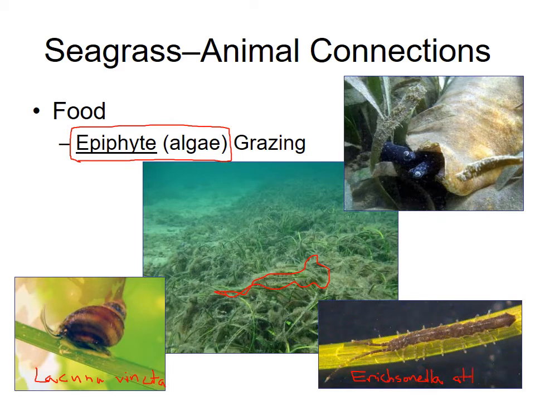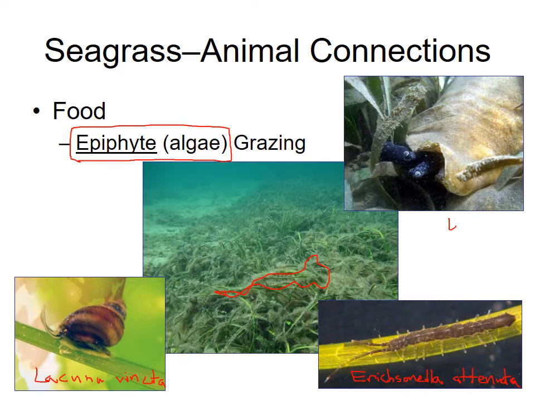And this Erichsonella attenuata is a cryptic species, meaning that it's camouflaged and perfectly sized and shaped to sort of crawl along a seagrass blade, and it crawls along and eats the algae off the seagrass blade. Sometimes it will eat some types of seagrass in some situations, but mainly it's considered to be an epiphyte grazer that sort of indirectly benefits the seagrass by cleaning off the epiphytes.